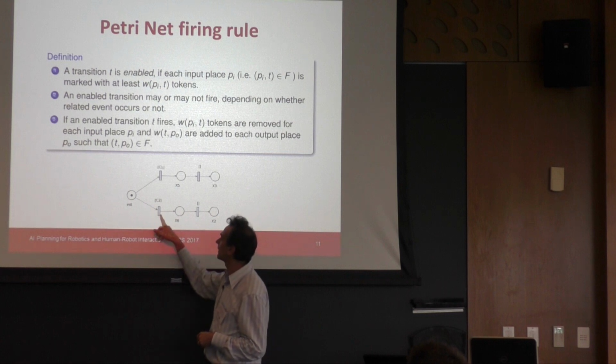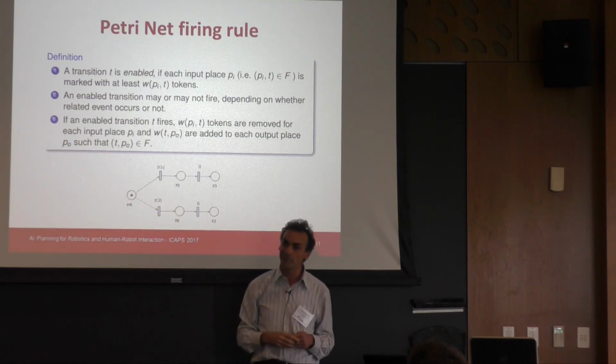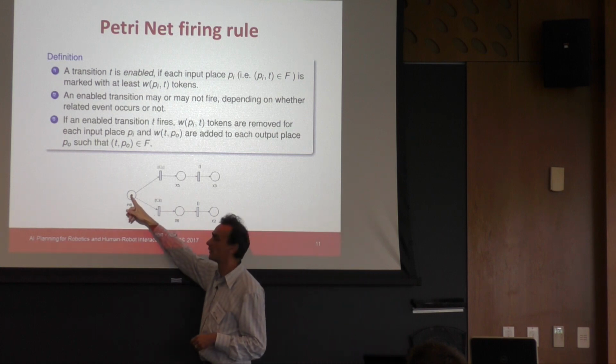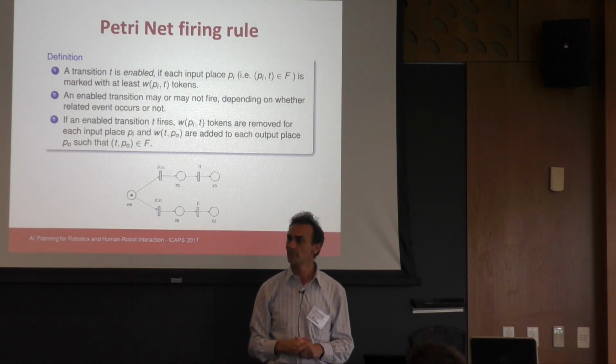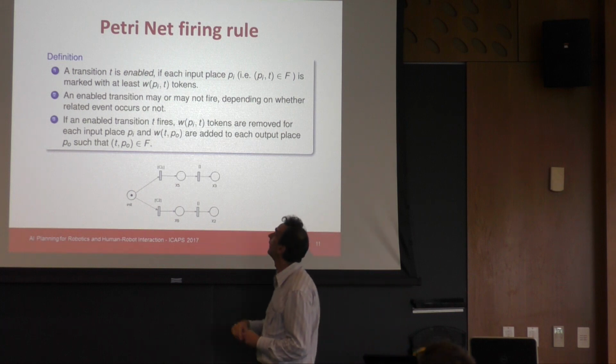And when a transition is enabled and the condition is true, then the transition can fire. And firing the transition means that the token will move from this place to the place after the transition. Okay, that's the execution model of Petri nets.